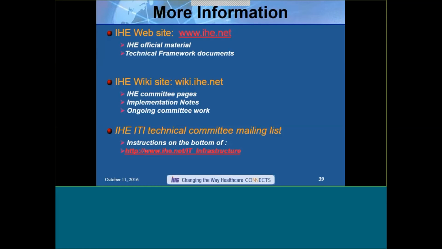And then if you wanted to get on the ITI Technical Committee's mailing list, you can go to IHE.net/IT_infrastructure there. And if you scroll to the bottom of the page, there's a link there to check out the Google group associated with the ITI Technical Committee. You can look at some of the content there, and if that's of interest to you, you can get on that mailing list and receive those emails.